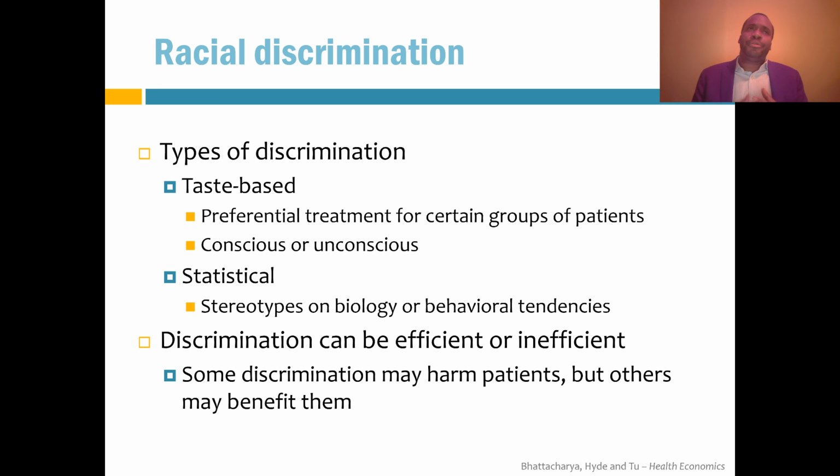There's a study that shows when Black men in Oakland see Black doctors, they actually listen to their doctor more often. They're more truthful, and they get healthier outcomes, right? That's what we would call efficient discrimination. The reason being, they showed in the study that the physicians actually gave extra effort.